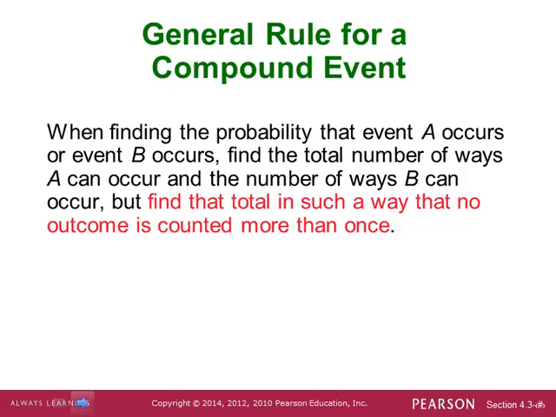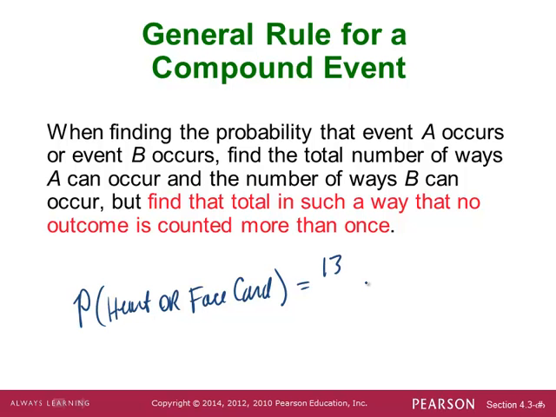So, for example, if we're wanting to calculate the probability of drawing either a heart or a face card, what we're going to do is count the number of ways that we can get a heart. And remember, there are 13 hearts in a deck of cards, and there are 12 face cards.